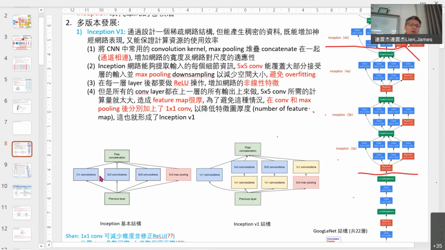So they have 1 by 1, 3 by 3, and 5 by 5 extracting from the same map, and after extraction they got a result. Then, because we already know max pooling, they tried adding one more branch, and the result is better. This already includes max pooling, so this result is good.